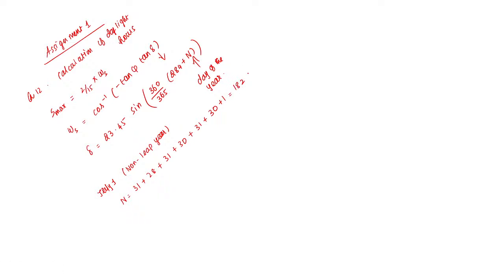If you substitute n as 182 here, you get delta as 23.12 degrees. In the problem itself, the latitude phi is given.